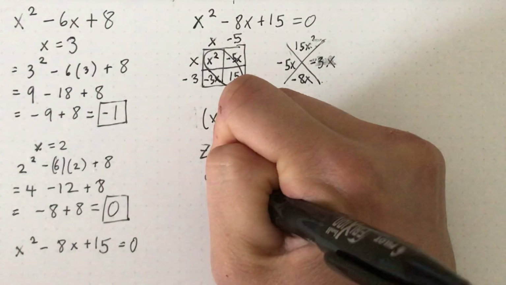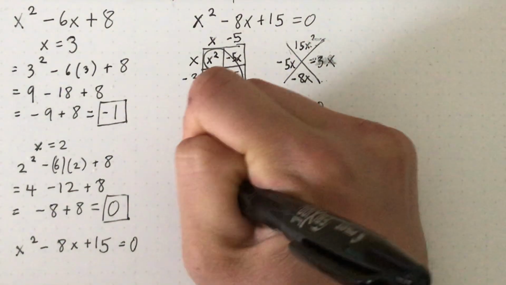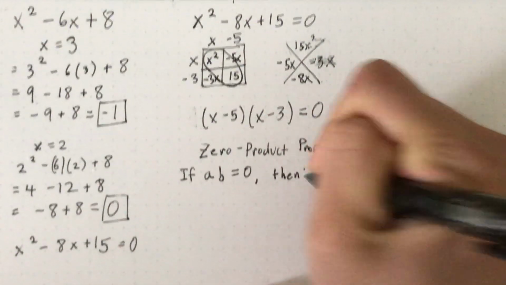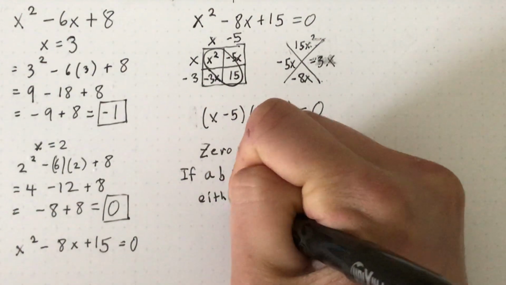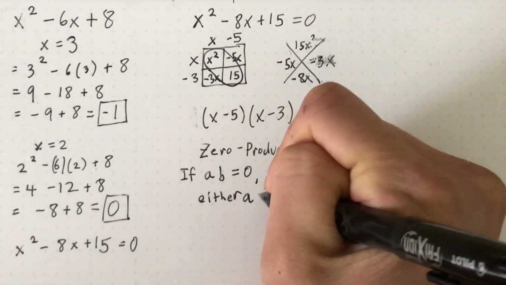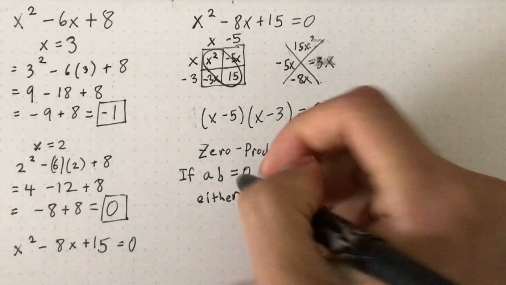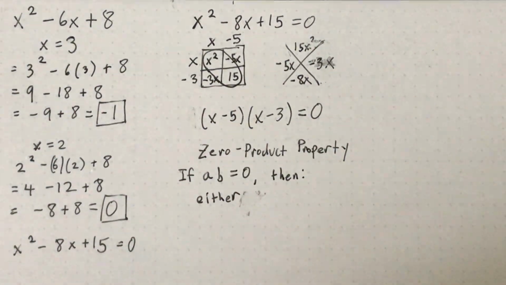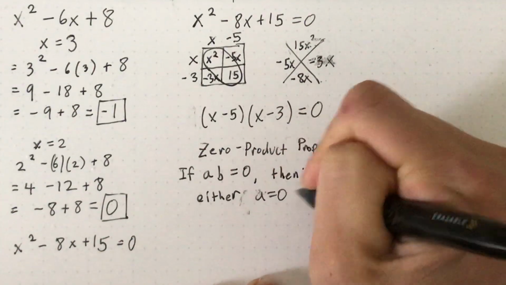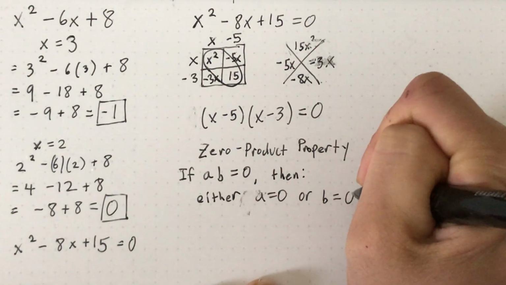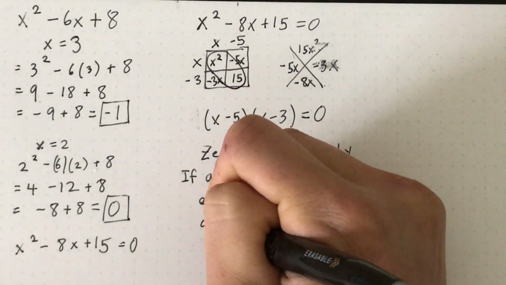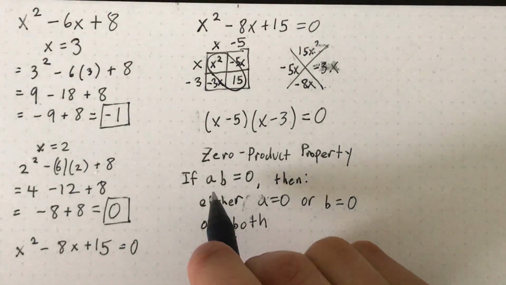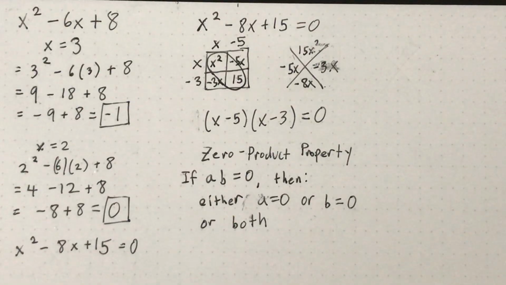So let's say if a times b equals 0, then either a equals 0 or b equals 0, or both.